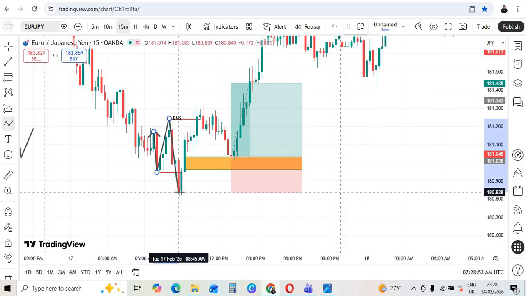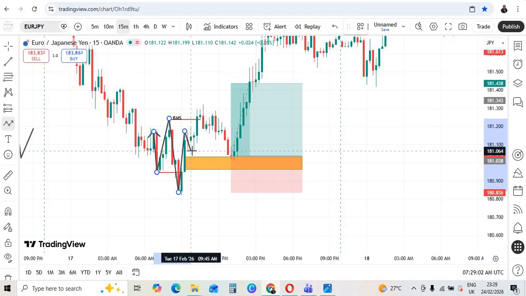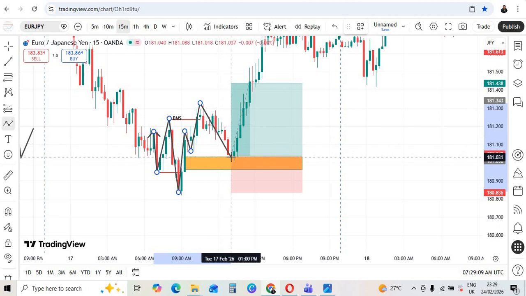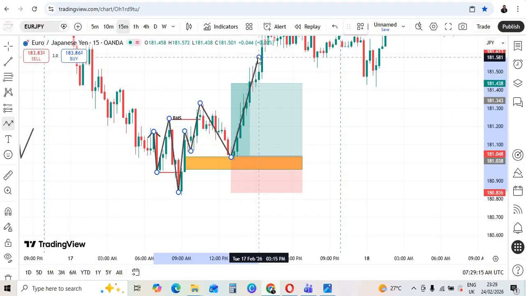Then we have a sweep. After the sweep, then we had this. Then we had a pullback. Then we had a break. Then price came back to take out this low. Then boom, to the upside.